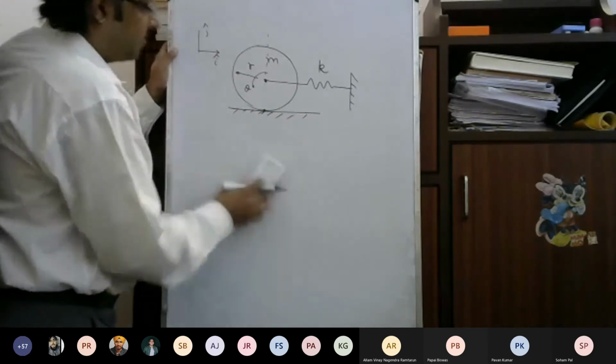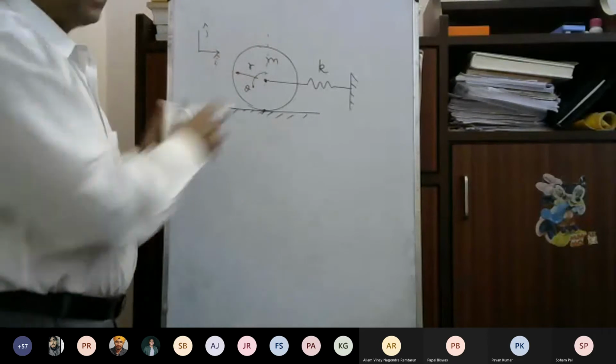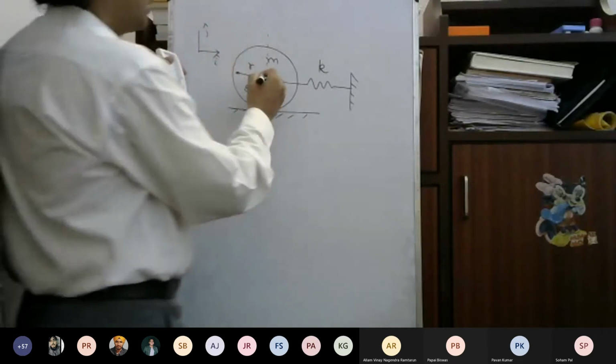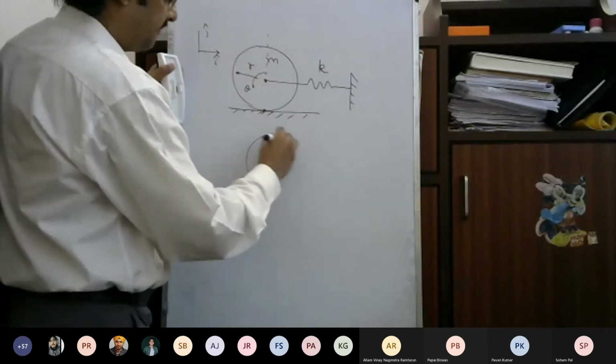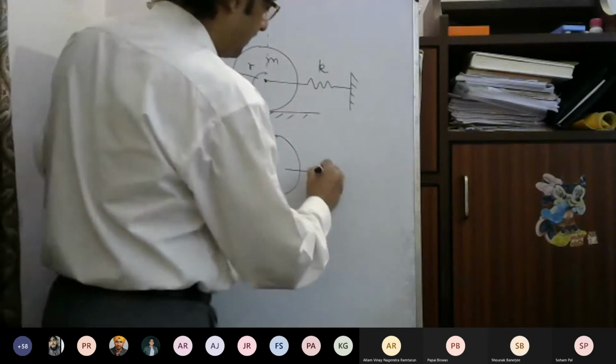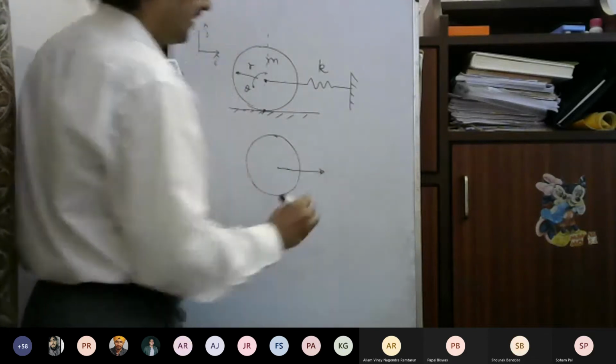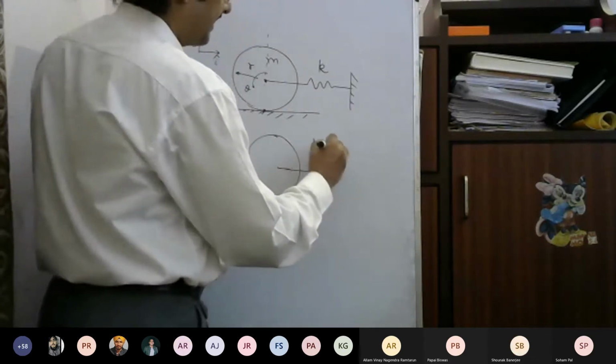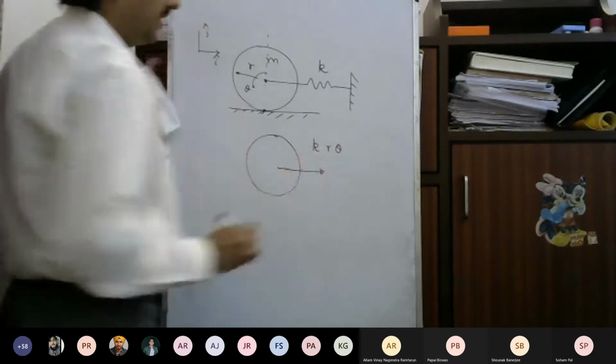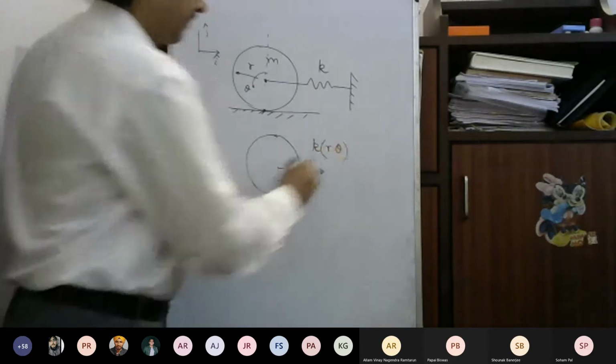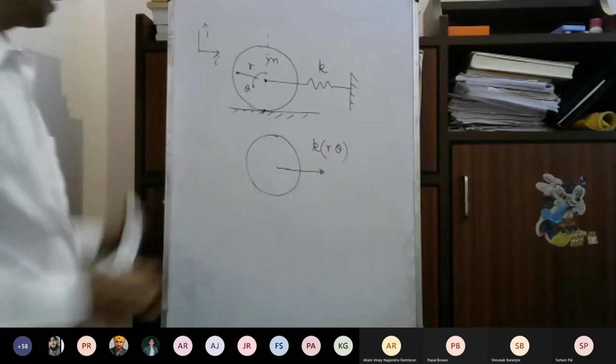Okay, so when it has rolled by an amount theta in the anticlockwise direction, the force on this particular spring will be k times r theta, acting in this direction.